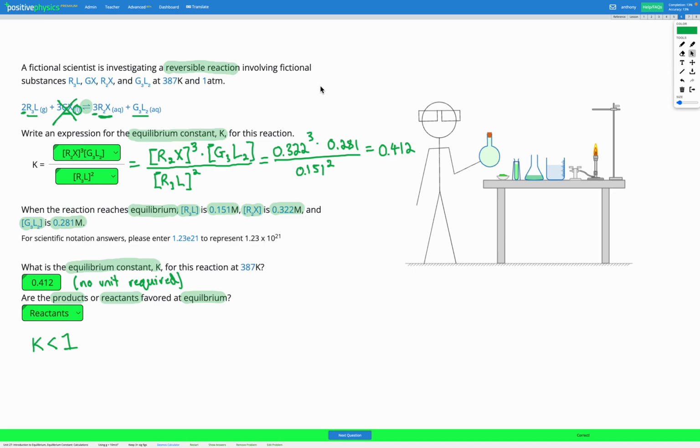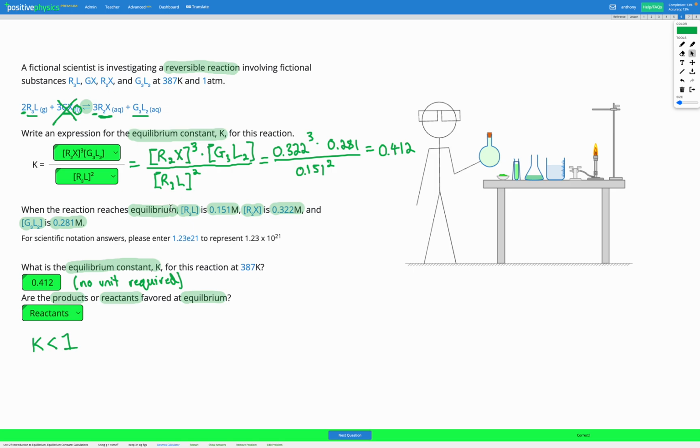So in these questions, first we're finding the equilibrium constant expression. To do that, we take the concentrations of our products to the power of their coefficients and multiply those together on the top of our fraction. We do the same for the reactants on the bottom. However, we do not include any products or reactants that are in the solid or liquid state, only solutions and gases.